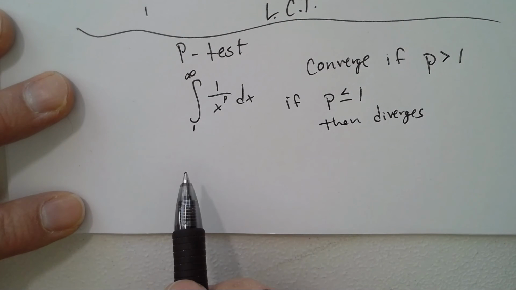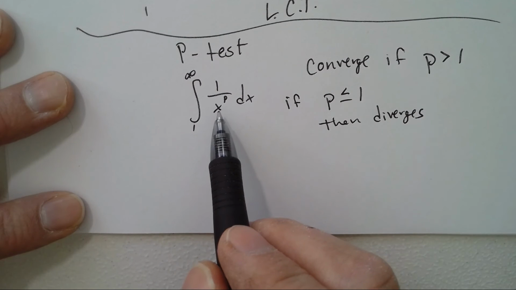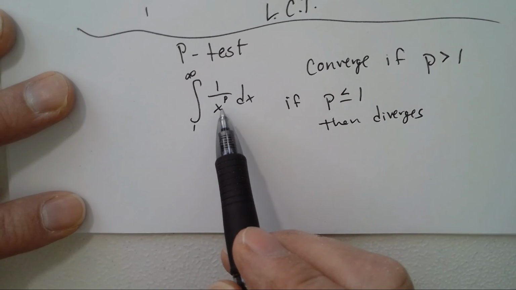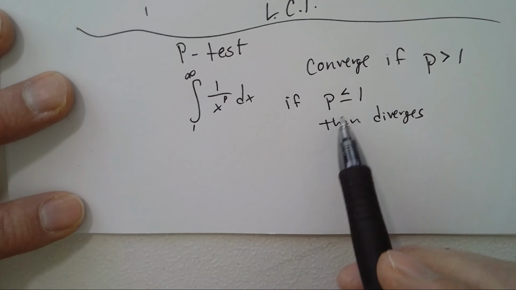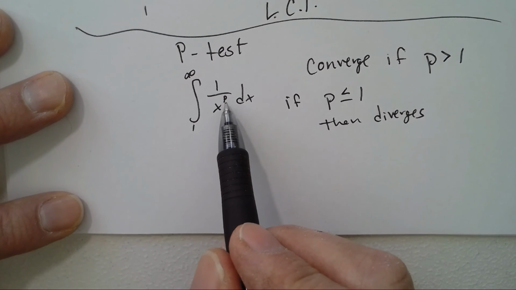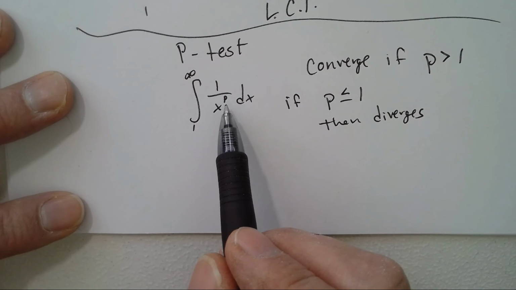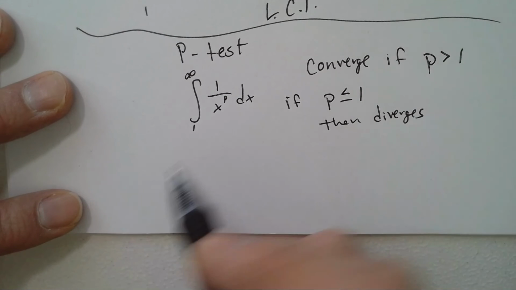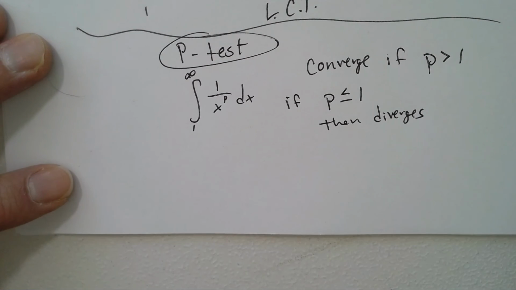So if it was 1 over x, that means x to the first, that would diverge. If it was 1 over x to the 1/2, then it would diverge. So if that p is between 0 and 1, including 1, then it will always diverge. So that's the p-test.